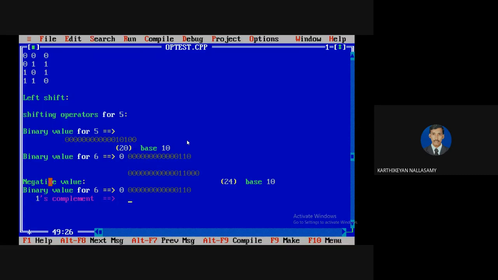For a 1's complement, we keep the sign of the number and take the 1's complement of the 15 bits. So every 0 will be converted to 1 and every 1 will be converted to 0, and like this. And we need to add 1.